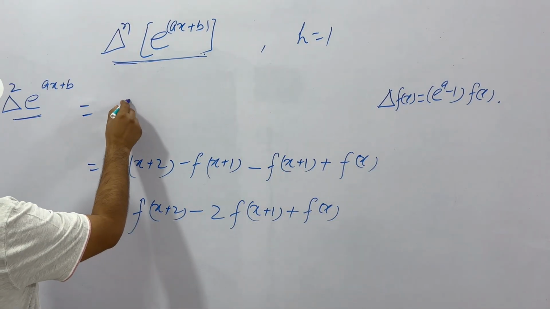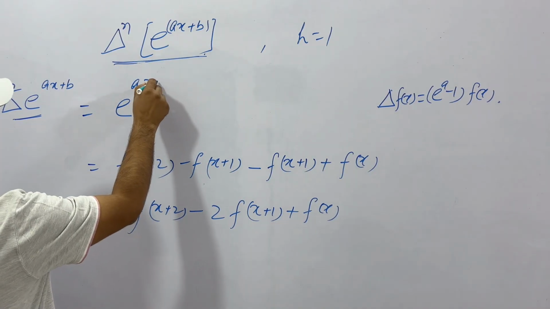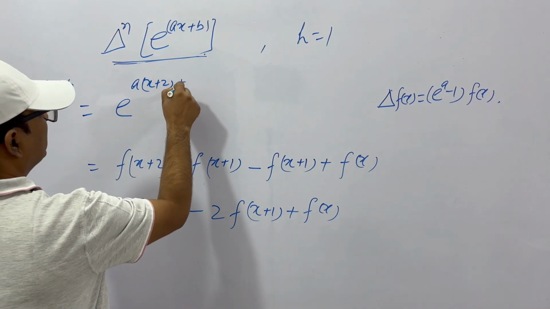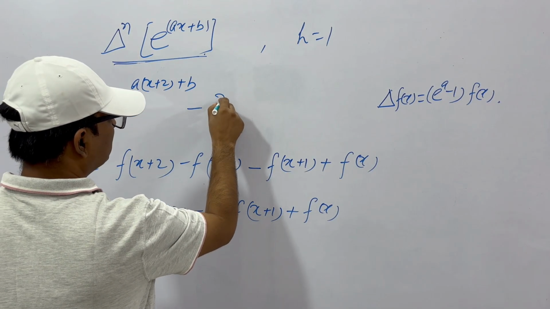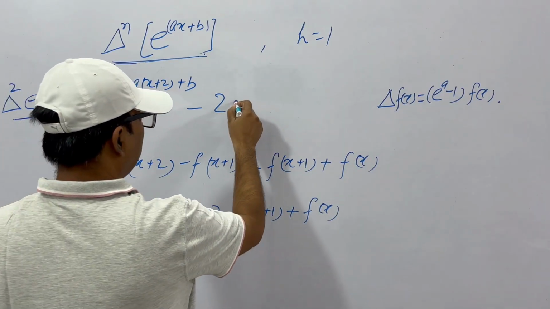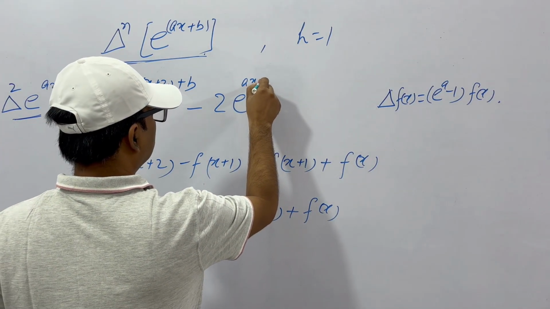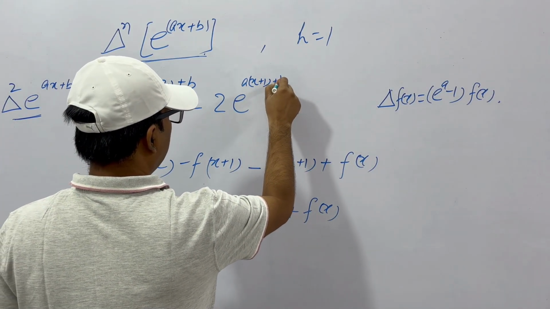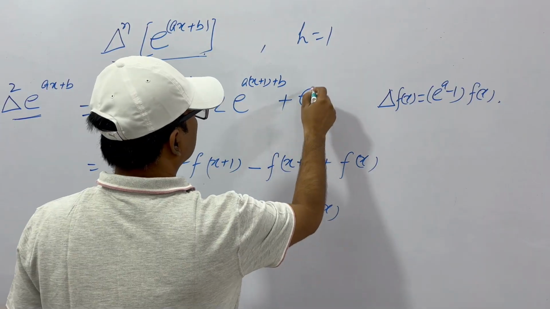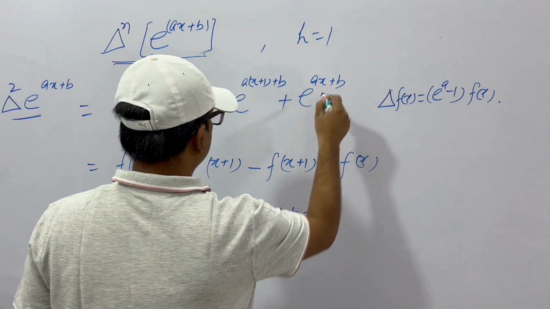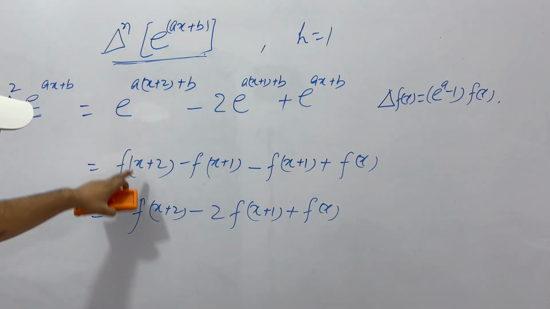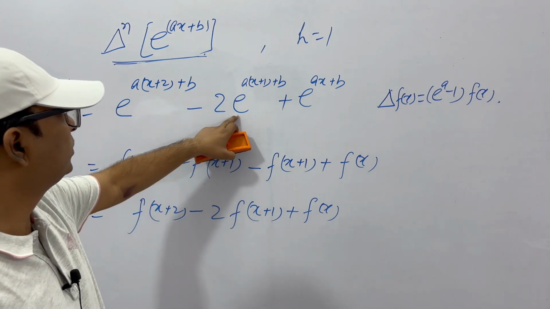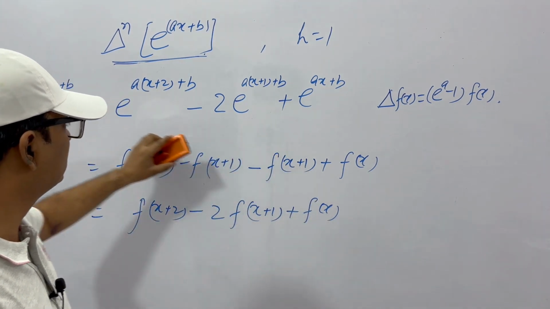This will be e to the power ax plus 2a plus b minus 2 e to the power ax plus a plus b plus the function e to the power ax plus b.